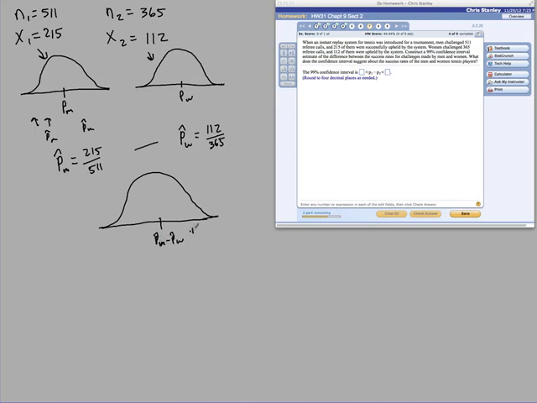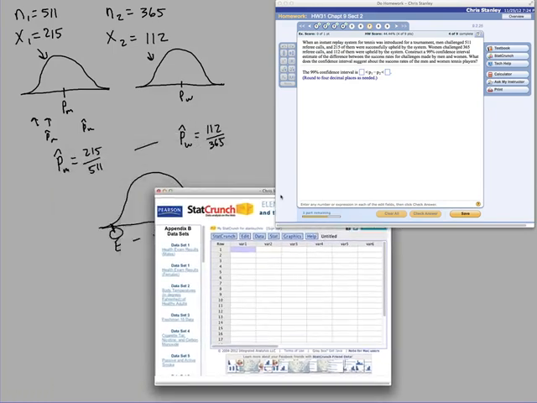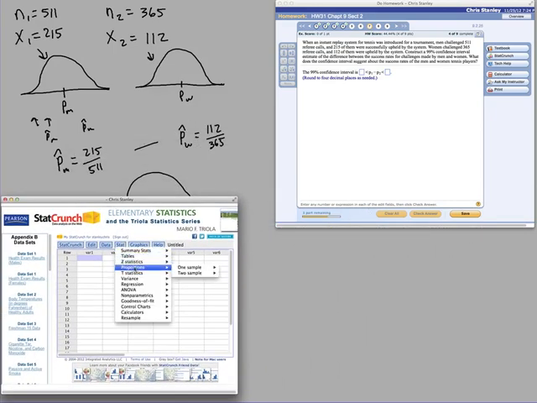Since it's 99%, it's more than 2 standard deviations. I'm going to add an error and subtract an error to put me over here. That's basically what it's doing. But StatCrunch is a lot easier.